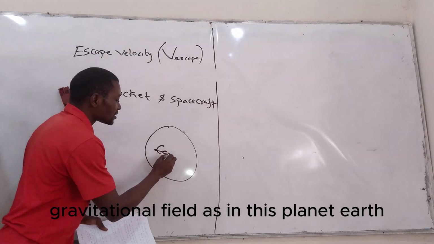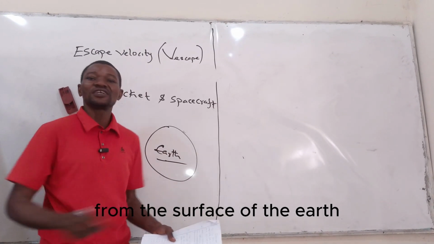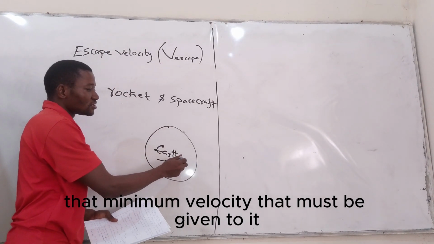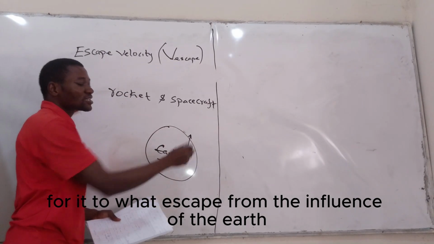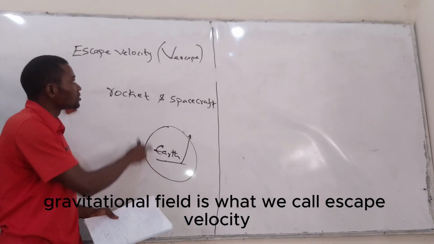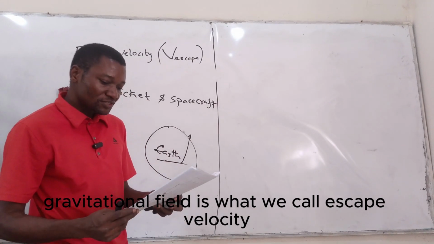Assuming this planet Earth, we want to launch a rocket from the surface of the Earth. That minimum velocity that must be given to it for it to escape from the influence of the Earth's gravitational field is what we call escape velocity.